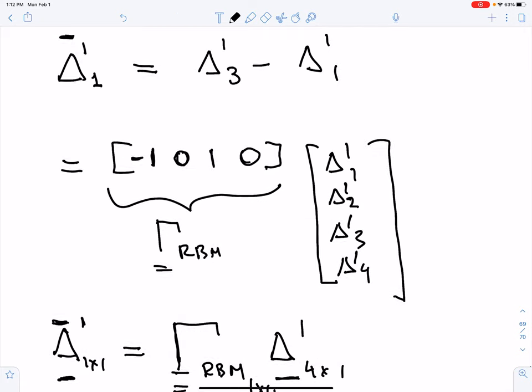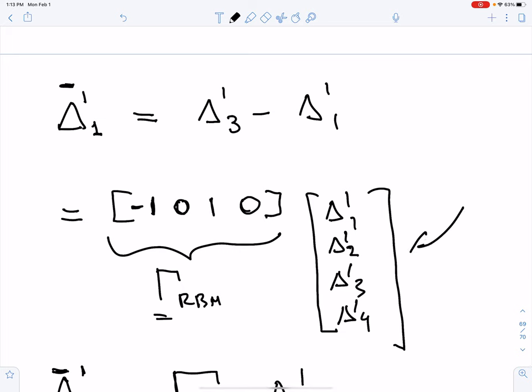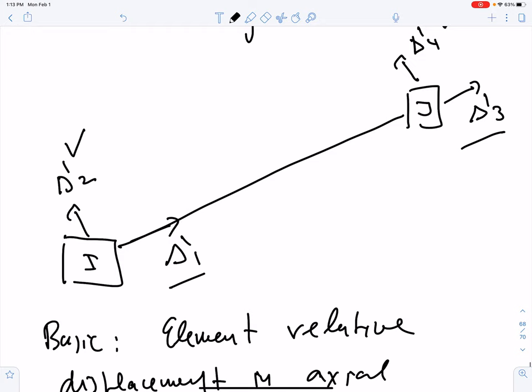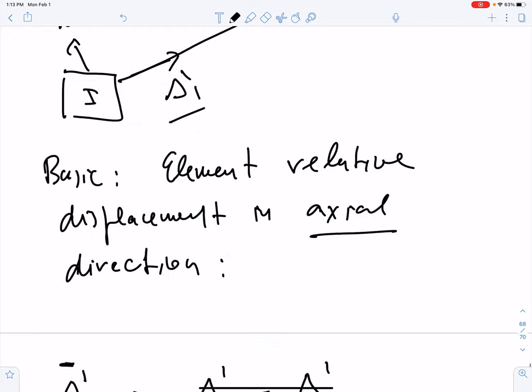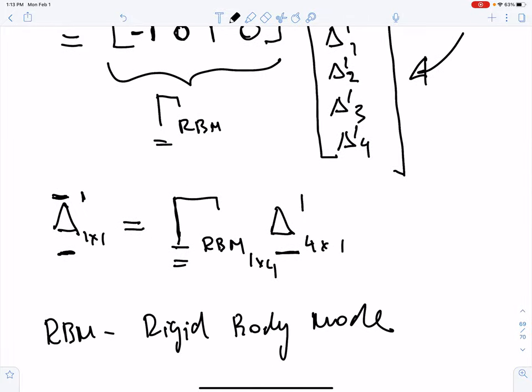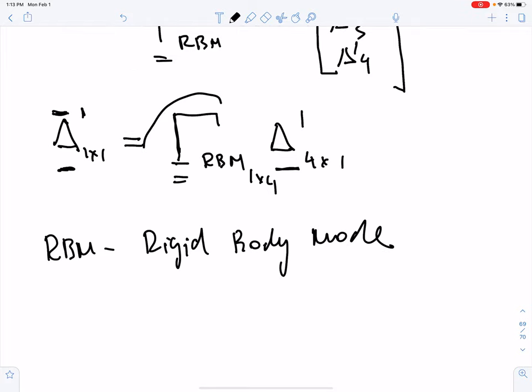Okay, and so what this matrix does is it takes a generic displacement state in a local coordinate system. Okay, I'm going to give you 4 numbers that give you the displacement state of the structural member, and extracts from it the quantity that you need, which is a basic displacement. Okay? So you feed in the generic displacement state, you get a basic displacement state. Okay? And the operator that makes that happen is this gamma RBM matrix.